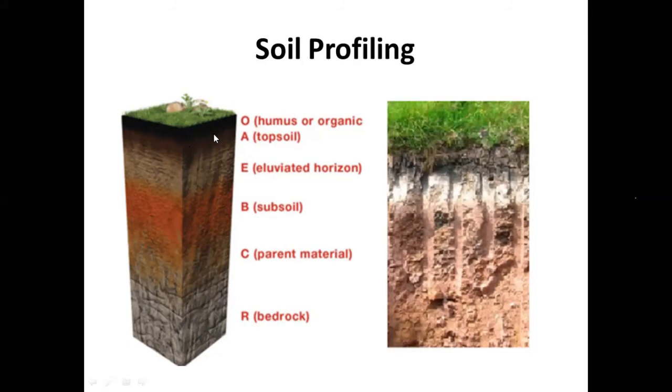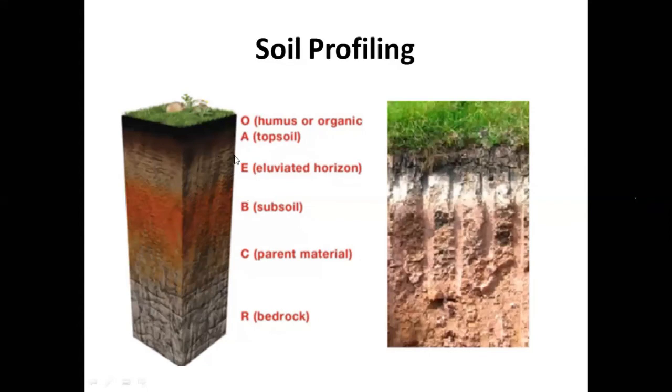So this portion, the A horizon or topsoil, will indicate the fertility of the soil. Then comes the E horizon, which is the eluviated horizon. That means this horizon is heavily leached, and the soluble mineral parts, mineral salts and clay materials are leached out of this portion.